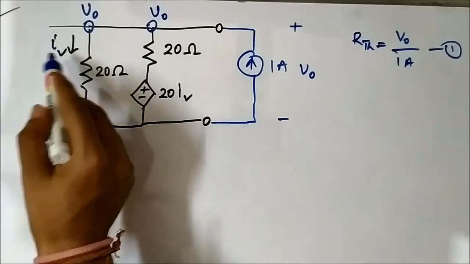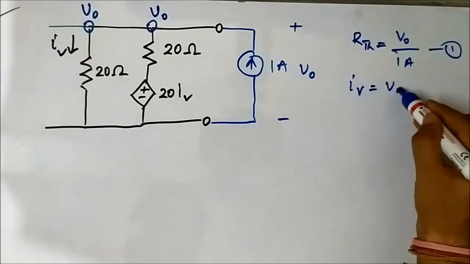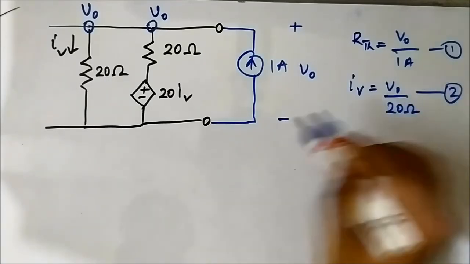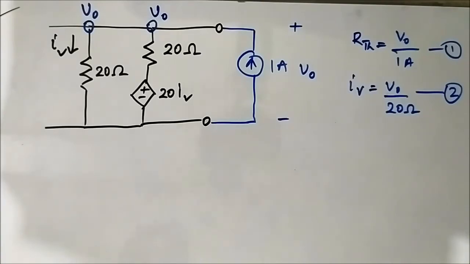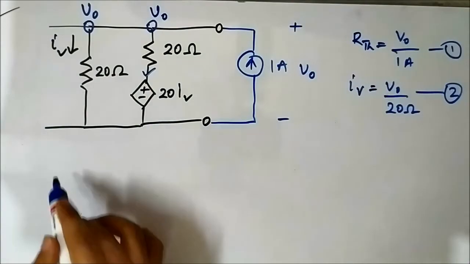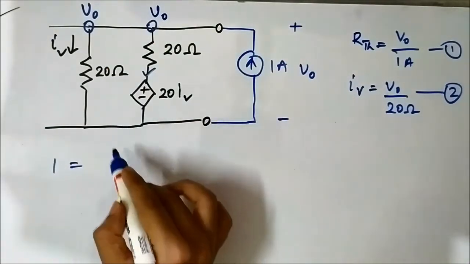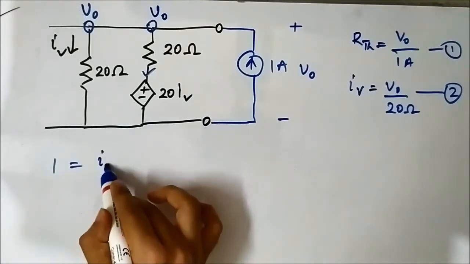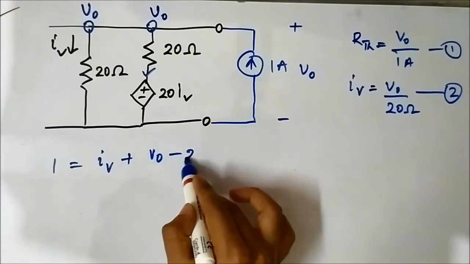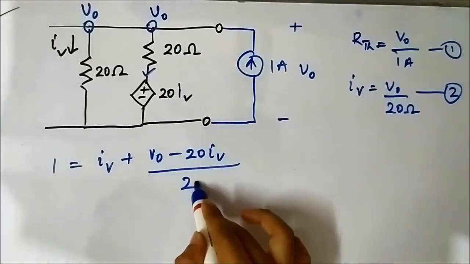Another important thing, this IV is equal to V0 by 20 ohm. This is the second important relationship. So assuming this is an outgoing current, the nodal analysis equation will be 1 incoming current, 1, plus 2 outgoing currents, that is IV plus V0 minus 20 IV by 20 ohm.